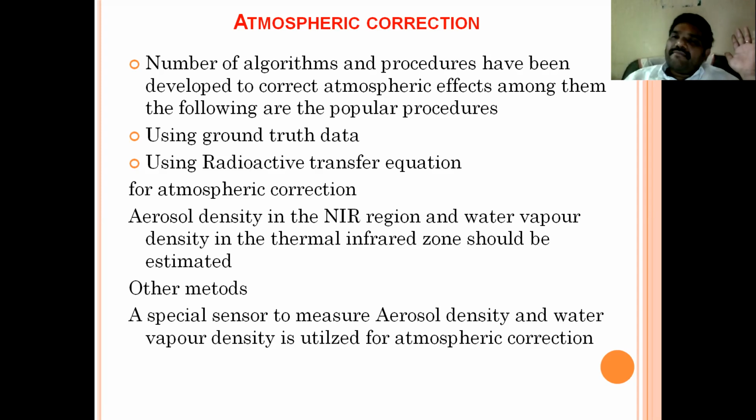See, I have a satellite image which is influenced by the atmospheric constituents, where the resolution is not up to mark, where the image clarity is not up to mark. In such cases, the ground truth data is compared with the spatial data.